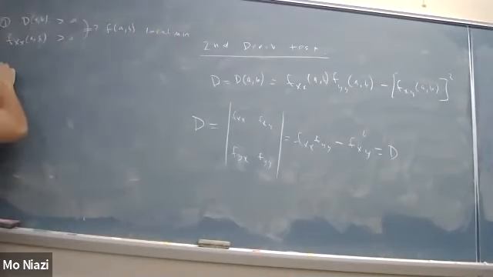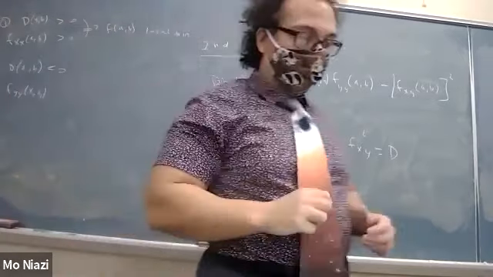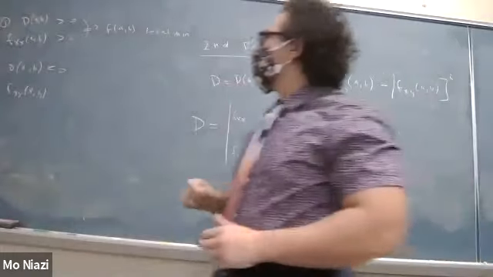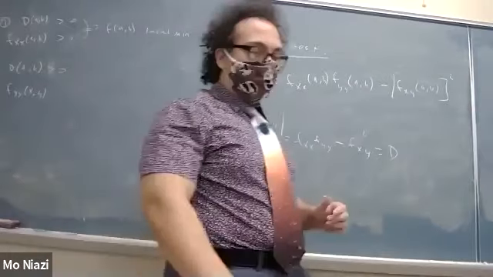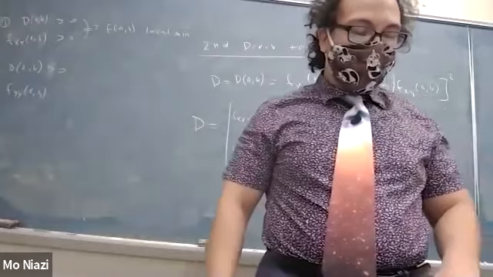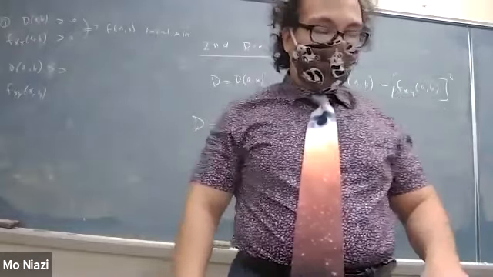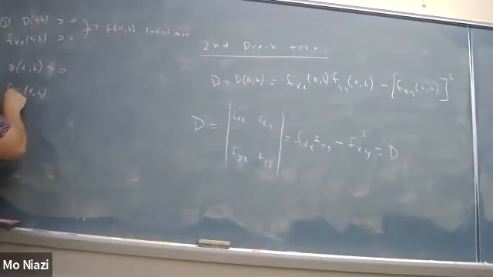There's case 2. D greater than 0. And your second partial with respect to x again is less than 0. All right.